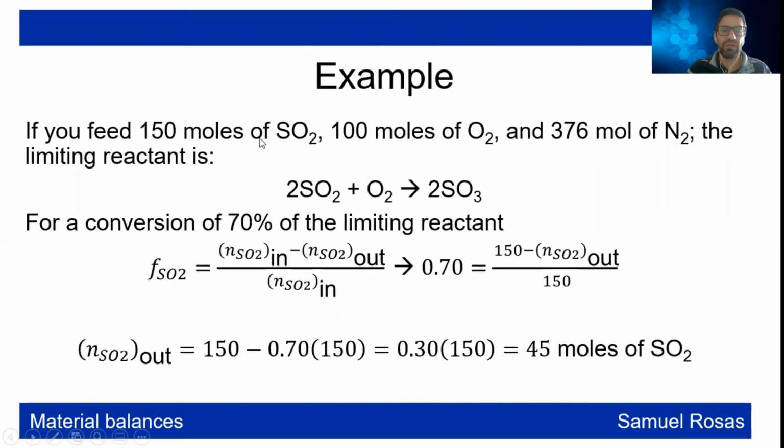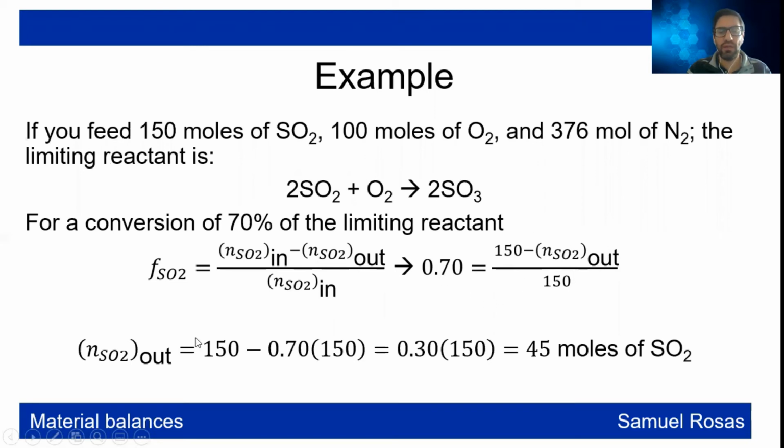So in our same example, if you have a conversion of 70% of the limiting reactant, being SO2, then the fractional conversion of SO2 is going to be equal to in minus out over in. That's going to be 0.70 equals 150 minus something that is out, over 150.